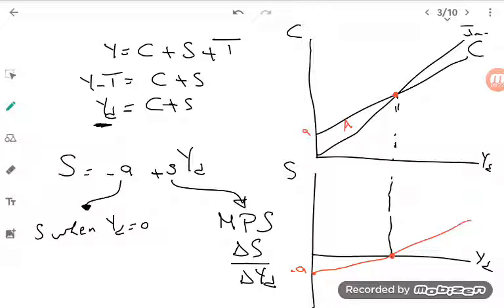So this is the saving line. This is negative savings, positive savings. And this is Y equals C, or the break-even point, and here S equals 0.